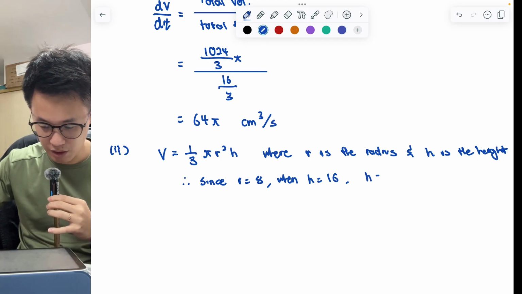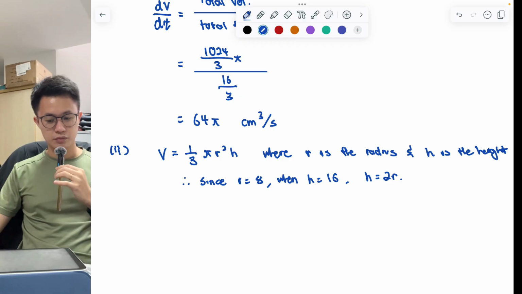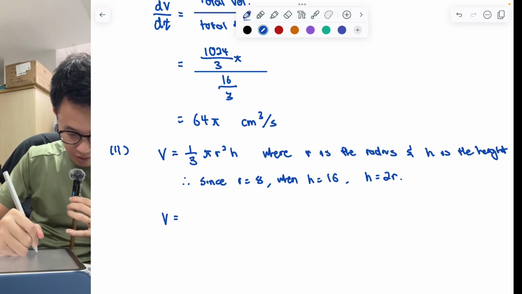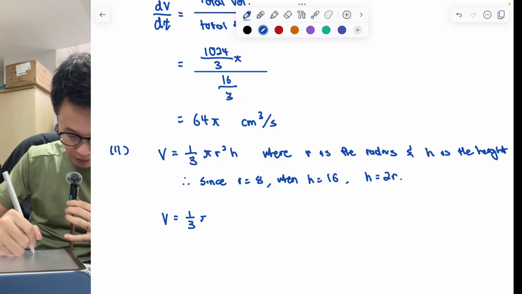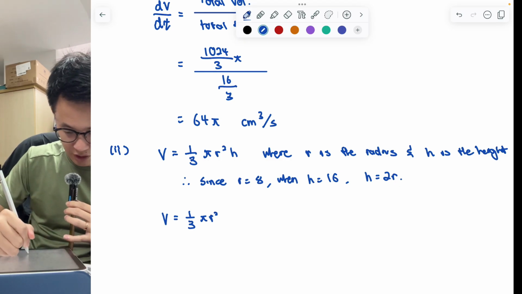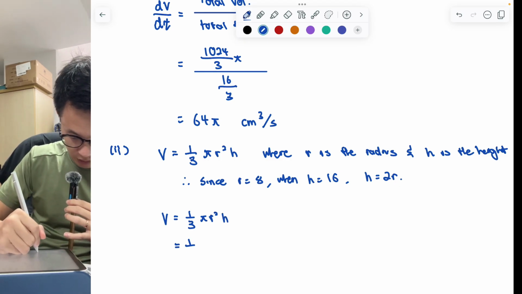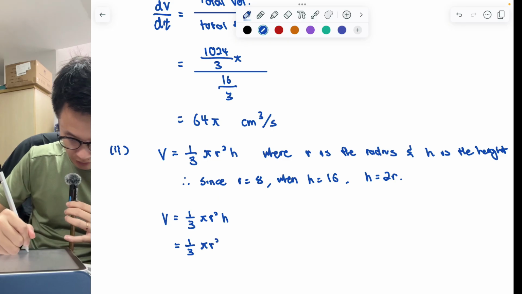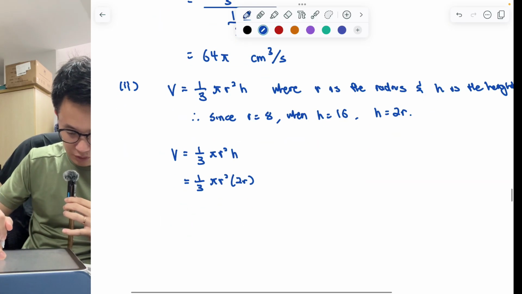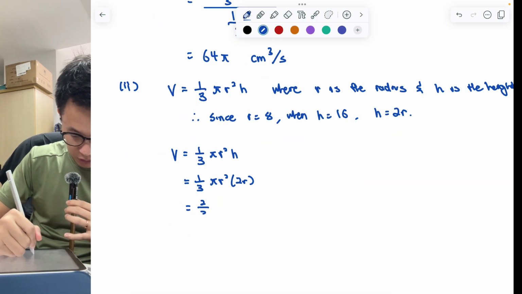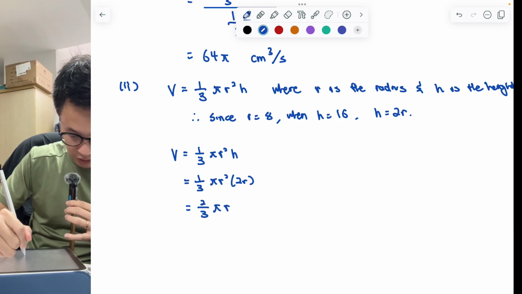The height is equal to 2r. So from here, V is simply 1/3 πr² times h, which is 1/3 πr² times 2r, which gives us 2/3 πr³.